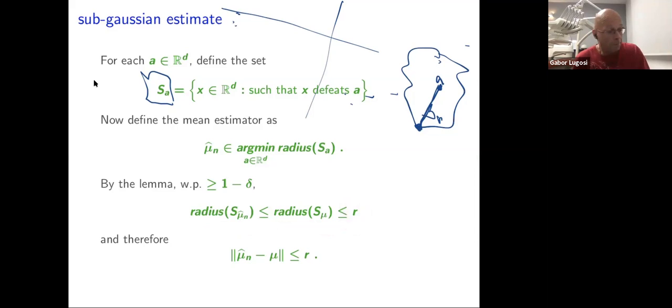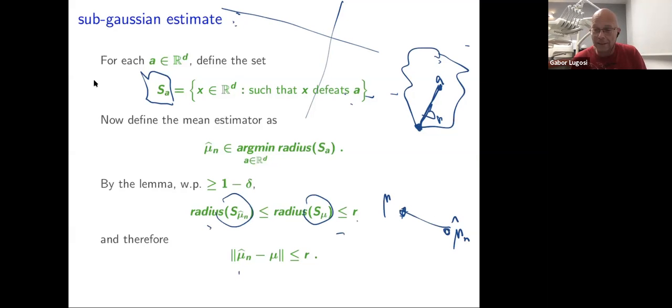But then that means that, here's mu n hat. Now, either mu beats mu n hat or mu n hat beats mu. So either mu is contained in this set, or mu n is contained in this set. But in both cases, their distance is smaller than r because the radius of both sets is smaller than r.